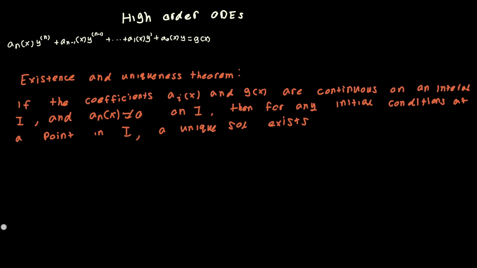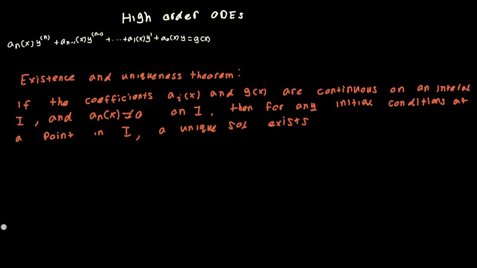The existence and uniqueness theorem states that if the coefficients ai of x and g of x are continuous on an interval I, and the leading coefficient or leading function an of x does not equal 0 on I, then for any initial conditions at a point in I, a unique solution exists.